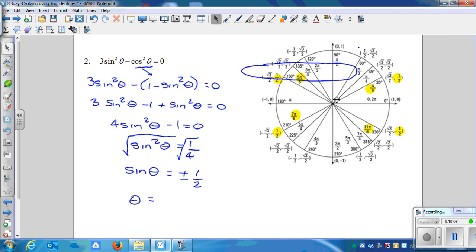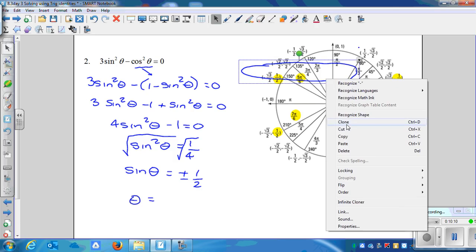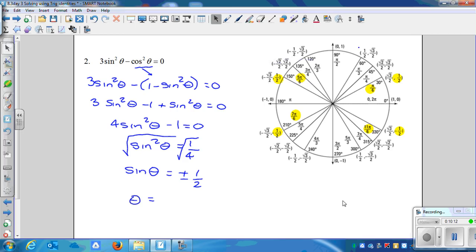And you can see here we've got our values that are highlighted. So those are all our highlighted solutions for number 2. So we've got a couple of those. And those are all in all 4 quadrants. So we've got pi over 6 and 5 pi over 6, 7 pi over 6, and 11 pi over 6.